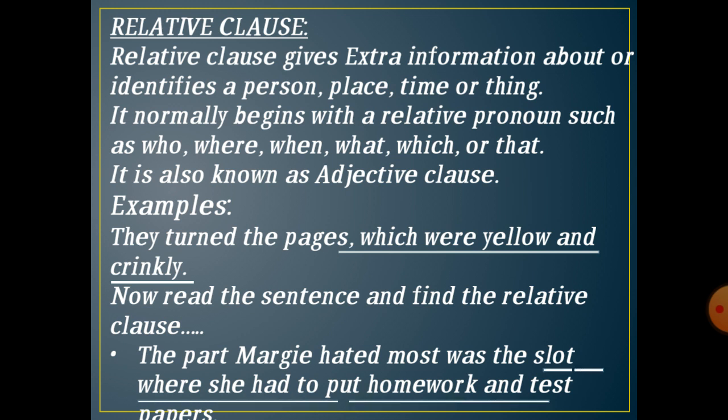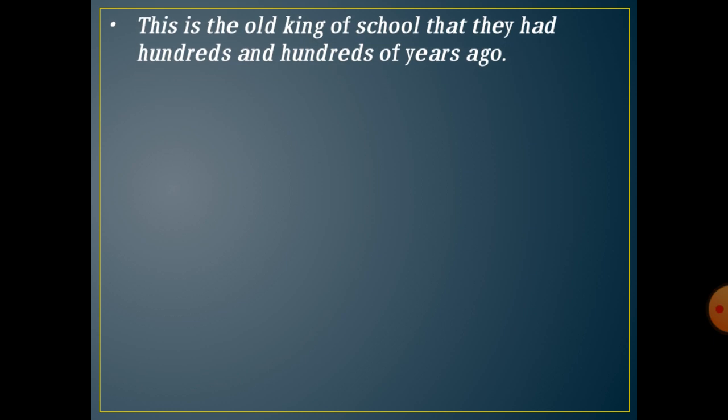Yes, the relative clause is: where she had to put homework and test papers. We'll see another one. This is the old kind of school that they had hundreds and hundreds of years ago. What is the relative clause in this? Yes, that they had hundreds and hundreds of years ago.